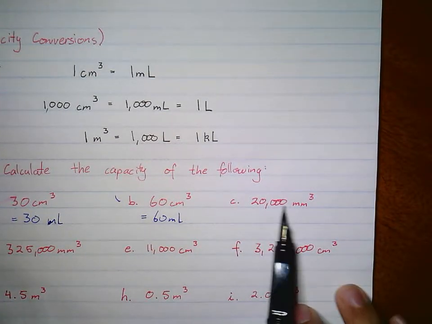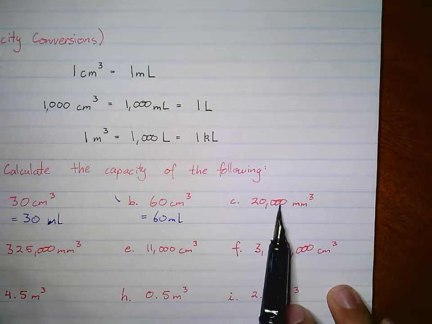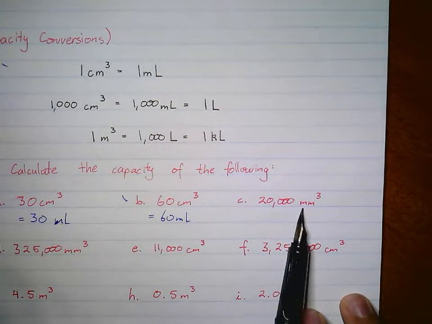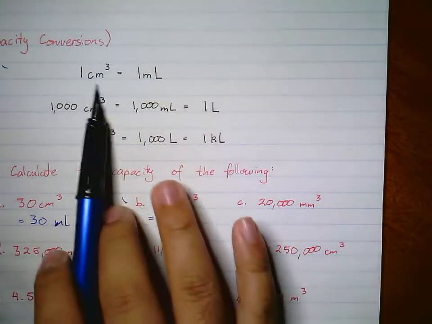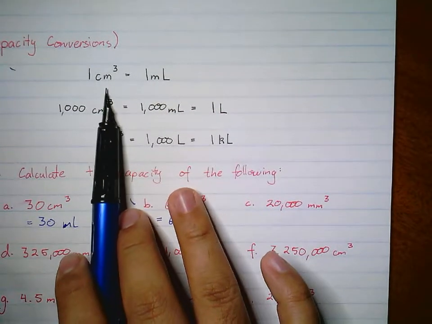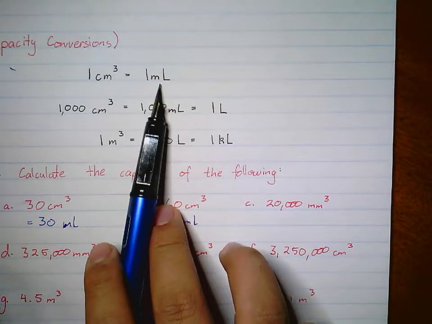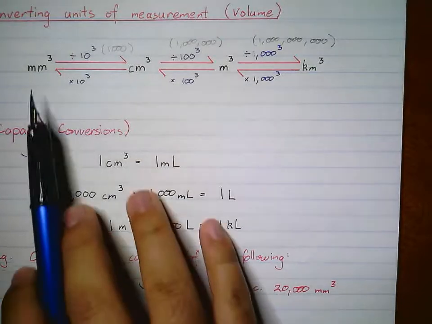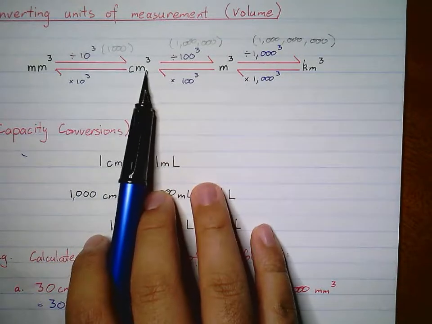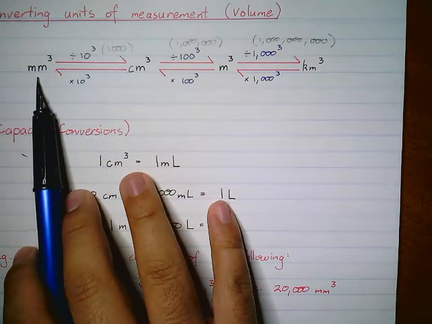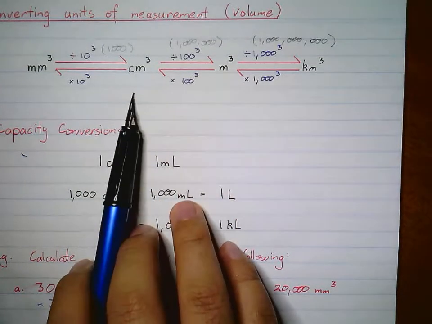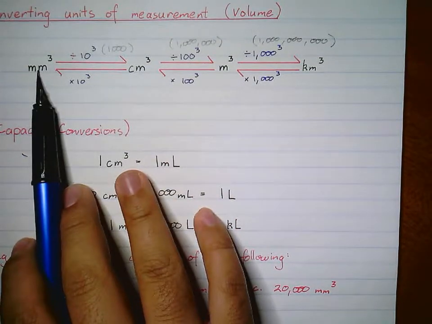20,000, here's where it's multiple steps now. From 20,000 millimeter cubed, we want the capacity, but we don't have a conversion from millimeters to milliliters, but we do have a conversion from millimeter cubed to centimeter cubed. So we first should work with centimeter cubed. So let's go from millimeters to centimeters.